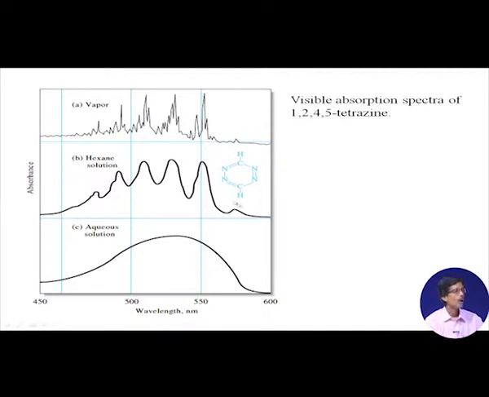So, within one vibrational level we can have several rotational levels also. It is not that all the vibrational levels are involved, all the vibrational levels giving us some averaged one. So, the vibrational as well as the rotational fine structure is possible to get when we have not a solution, but only the vapor state, where the number of these tetrazine molecules is less.